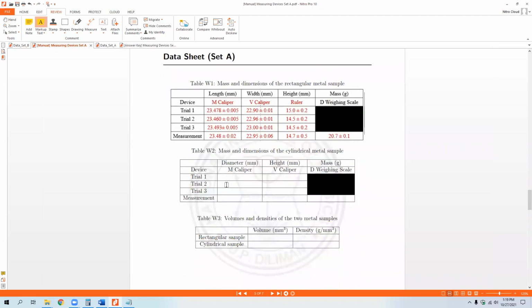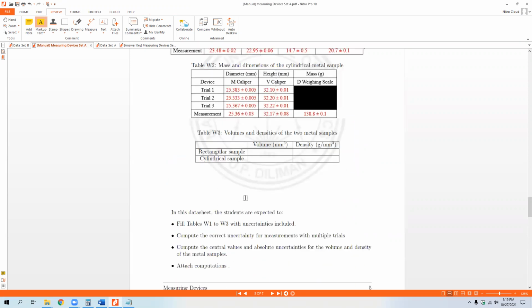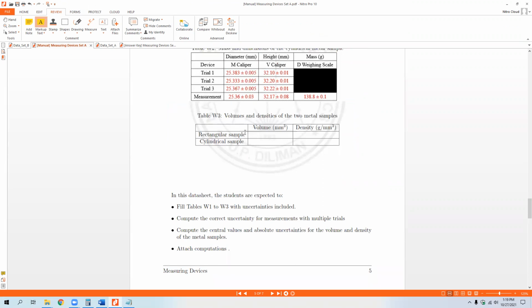So next, for your cylindrical sample, ganun lang din naman ang gagawin natin. So these are just specific measurements using the same devices that we used previously. So the answers are just here. So again, take note of the uncertainties and experiment 1 techniques. So ito na ang important. So determining volumes and densities.